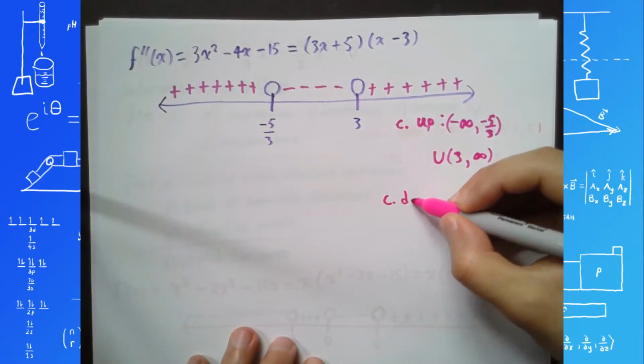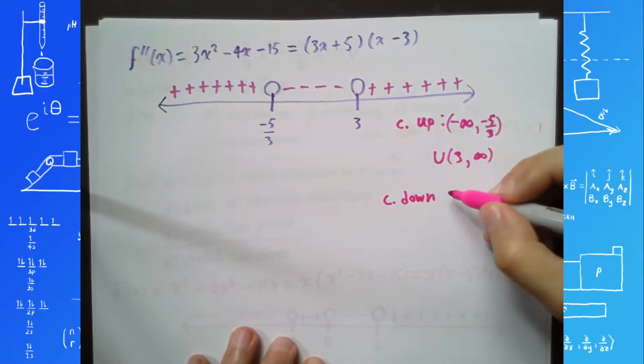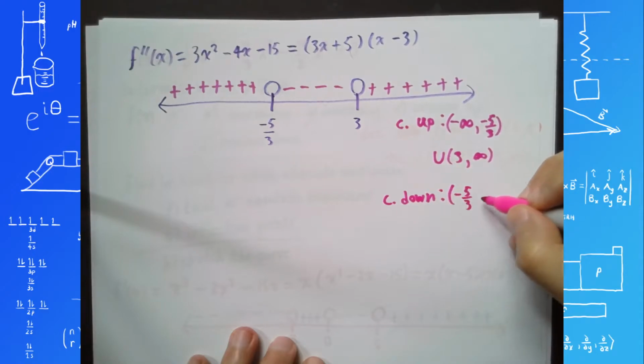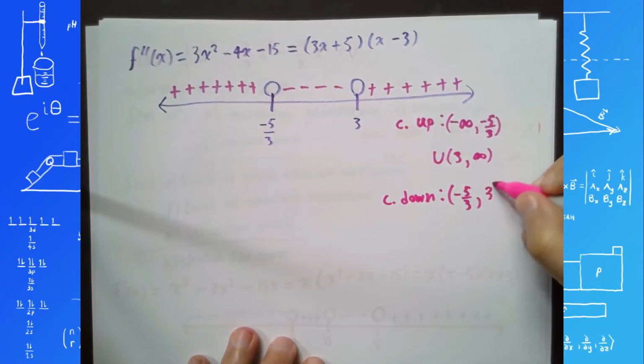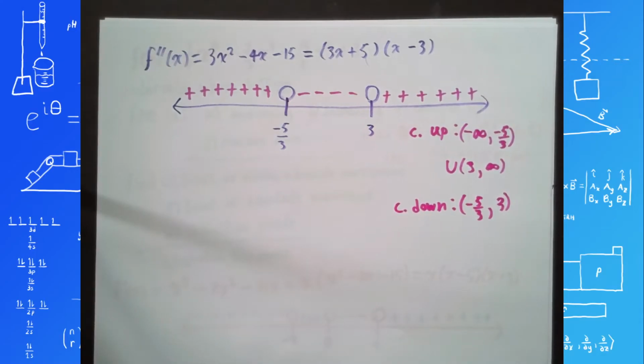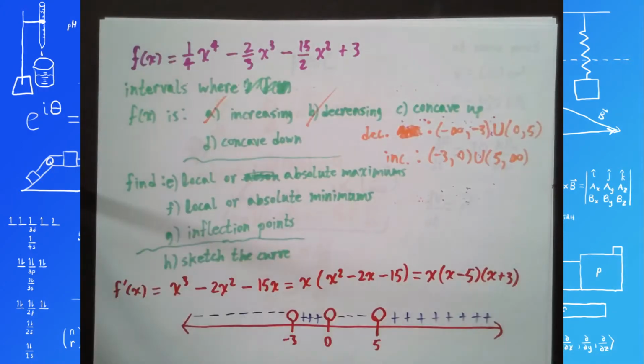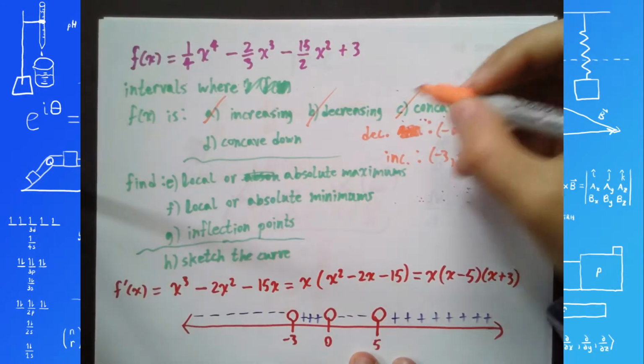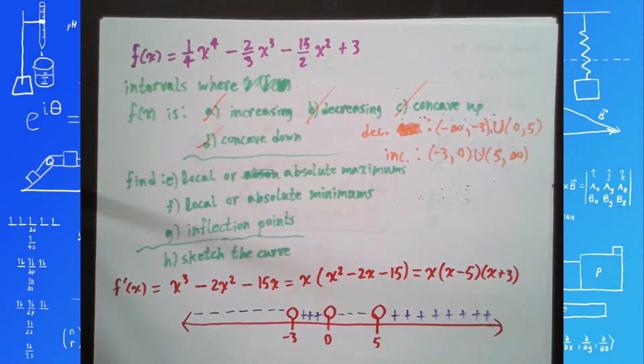Concave down from negative 5/3 to 3. Alright, and that takes care of that. What else did we have here? So that takes care of concavity. Local or absolute maximums.